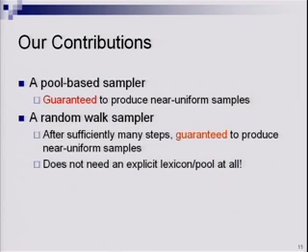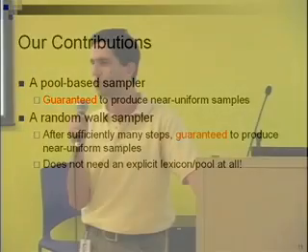We proposed another sampler, which we call the random walk sampler. This sampler runs a random walk on a virtual graph. The nodes of the graph are exactly the documents in D, the documents indexed by the search engine. And you can show that if you run the random walk for sufficiently many steps, it will converge to the uniform distribution.